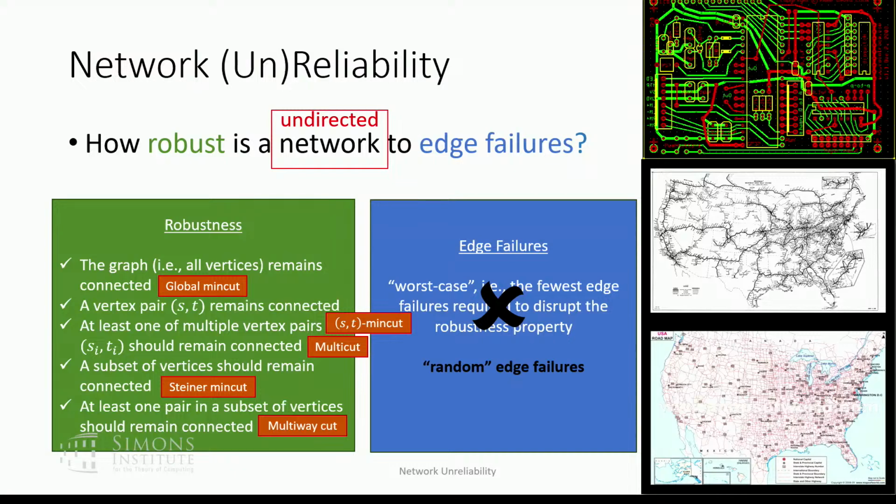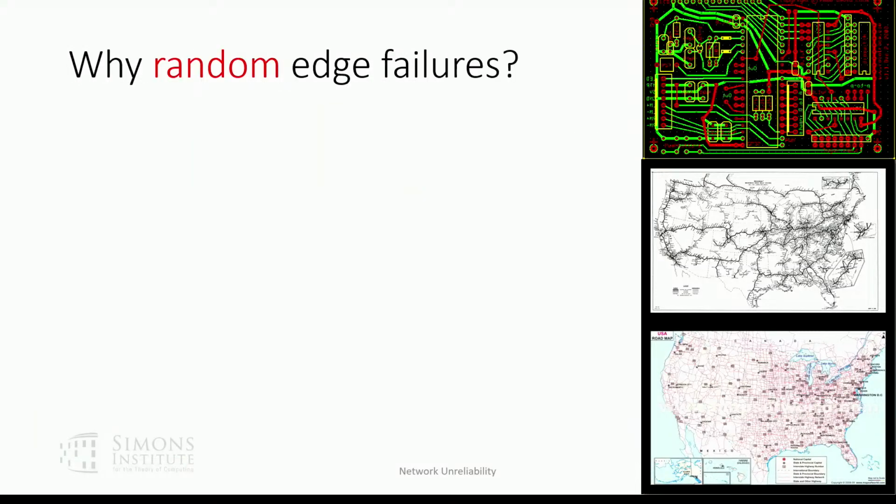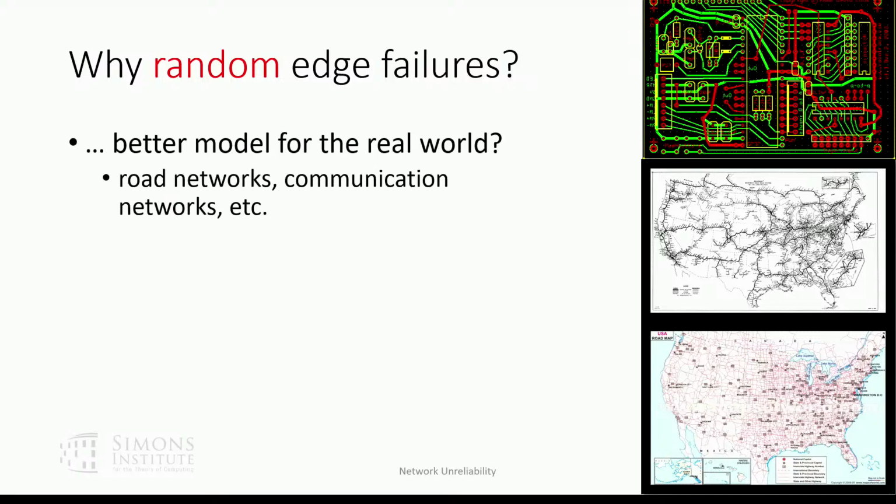Let's make this a little more concrete so that we can argue about things. In fact, even before I give you the concrete definition, let me say a little about why I care. Why do we care about random edge failures? One very natural reason is that in many applications, in practice, that's a better model for how a network fails.